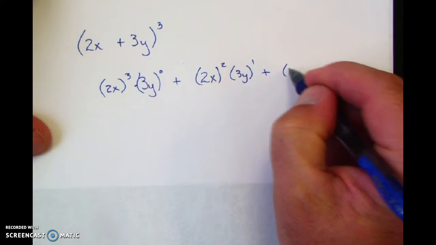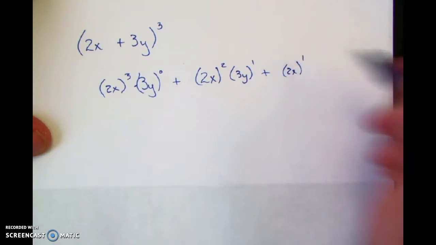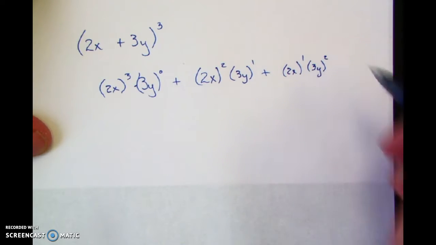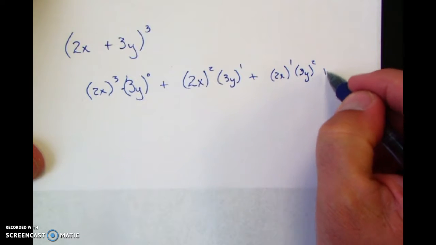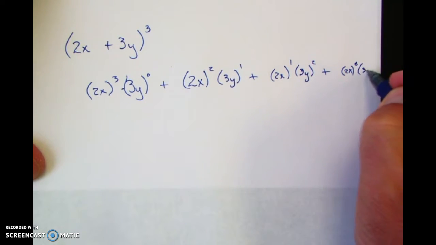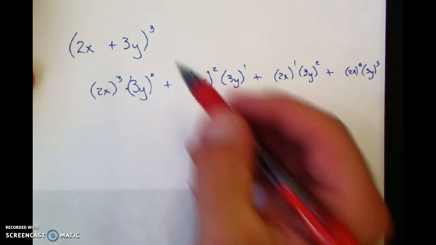and we continue that. 2x is counting down, that's to the 1st power. Second term, 3y, is counting up. Now that would be squared, and we have 2x to the 0 power and 3y cubed. Now again, as far as these leading coefficients that go along with this, that's where we look to Pascal's triangle.